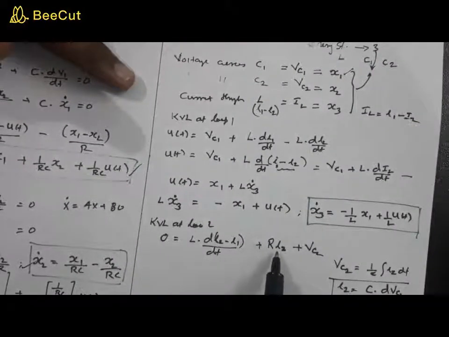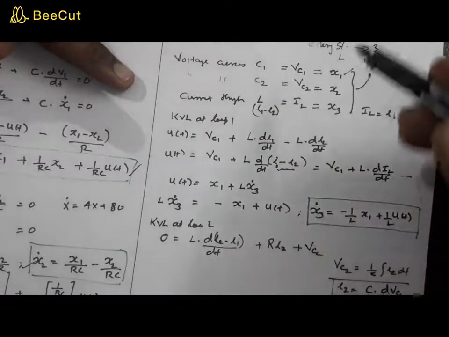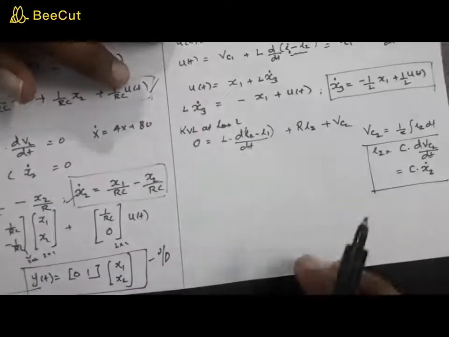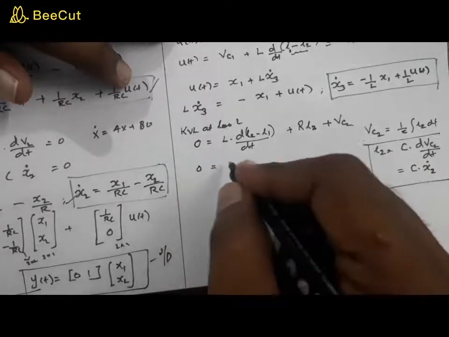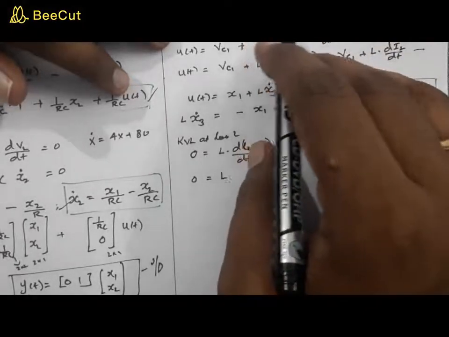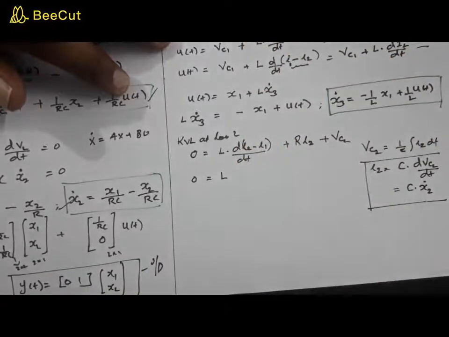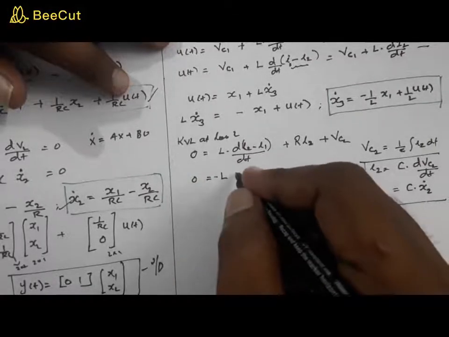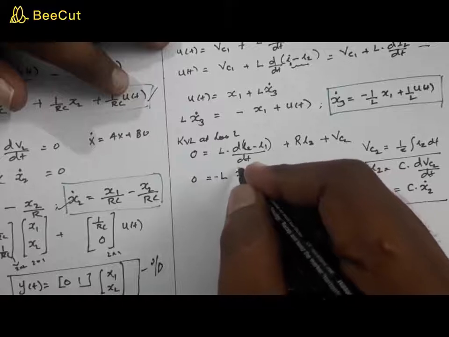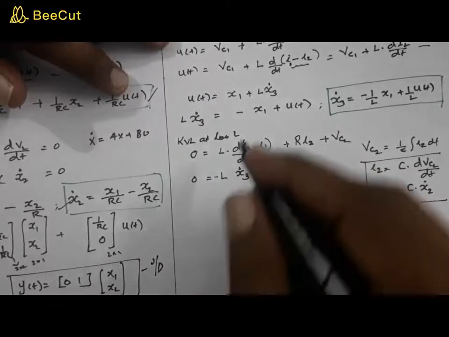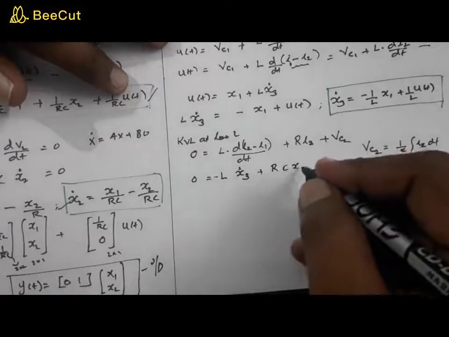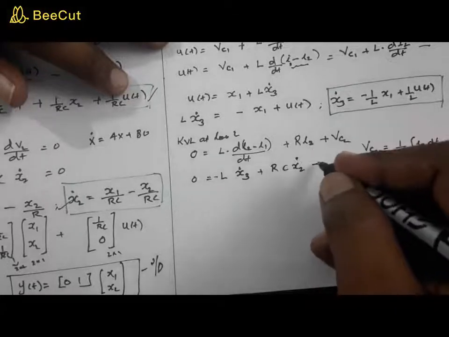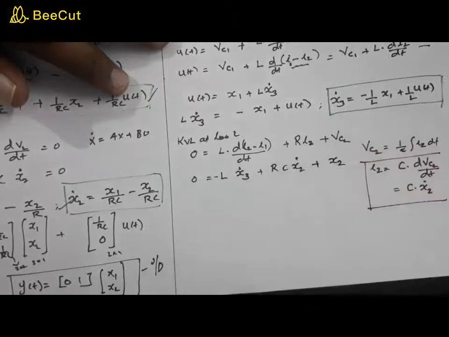If you keep I2 like this, you cannot do anything with it. So you need to relate it to the assigned state variables, so that this becomes 0 is equal to L into d(I2 minus I1), where I1 minus I2 is assigned to be X3, so this is minus L into X3 dot, plus R into I2, where I2 is C into X2 dot, plus VC2 which is X2.